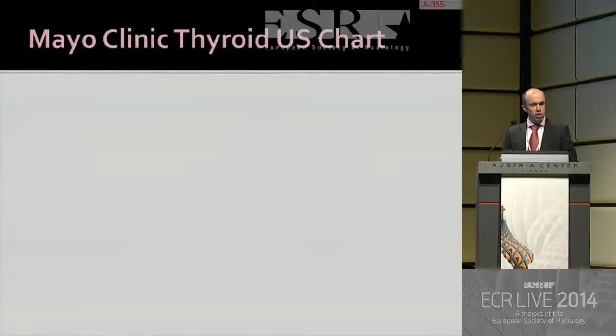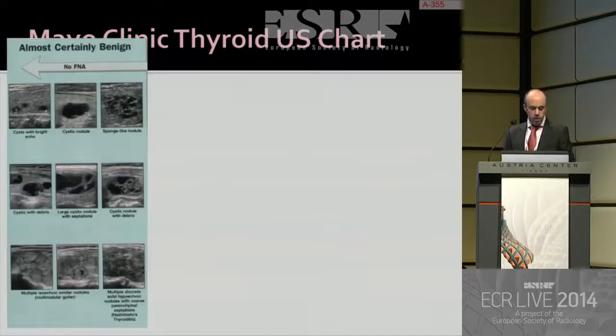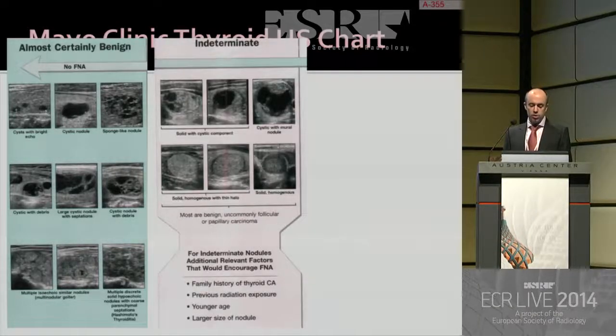So, the Mayo Clinic chart uses a traffic light system, green, orange, red, which is benign, not sure, very worried. Benign nodules, almost certainly benign, they don't perform FNA. Small cysts with colloid, predominantly cystic nodules, spongiform nodules, multiple nodules replacing the gland. Indeterminate nodules, so we're starting to get more nodular soft tissue around the edge of a cystic lesion, might be slightly hypoechoic to the adjacent thyroid parenchyma, but it also contains the follicular lesions on the second row there.